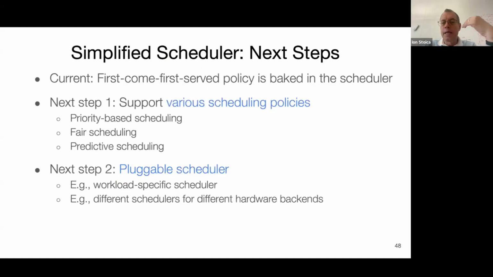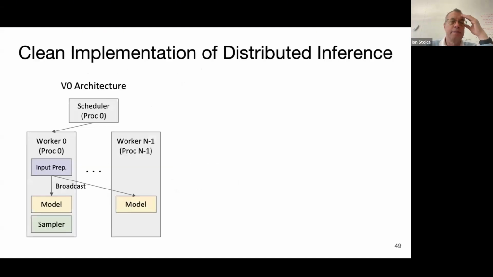Okay. And there are many things about the scheduling which we need to improve. Now it's just first come, first served. So we are talking about priority-based scheduling, fair scheduling, and things like that. A clean implementation of distributed inference is another thing we are trying to do. vLLM has one scheduler for all the GPUs on the same node.